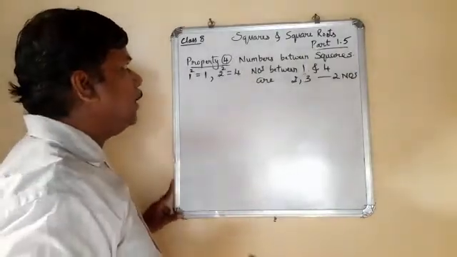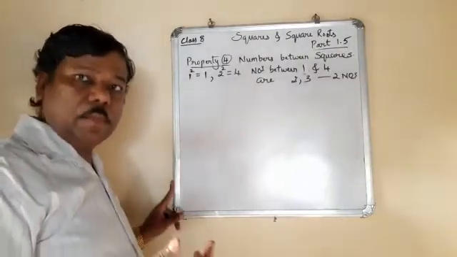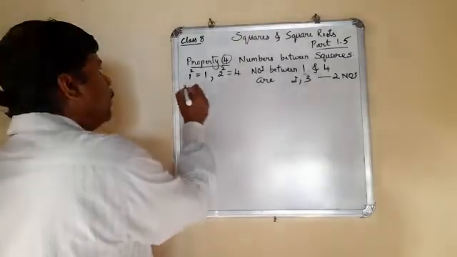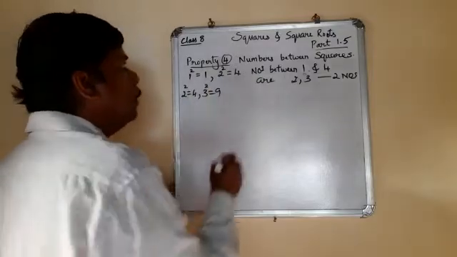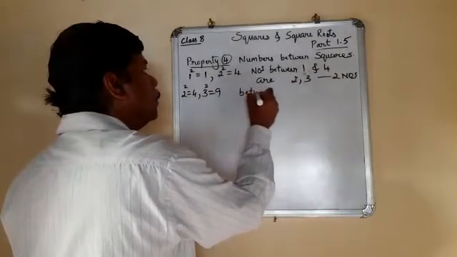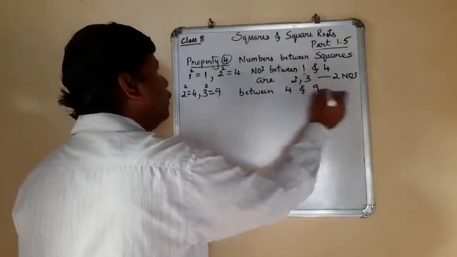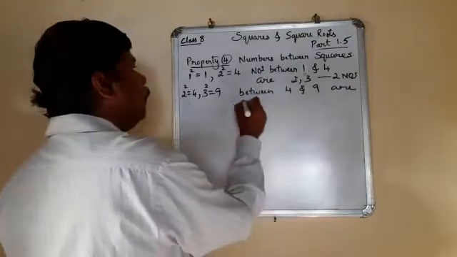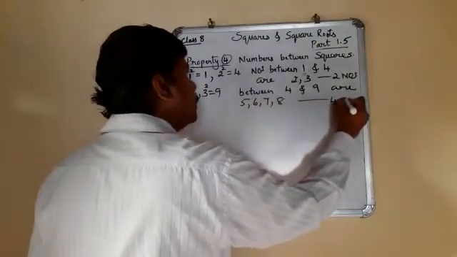Now let us consider the next one. That is between 2 square, that is 4, and 3 square, 9. So 2 square is equal to 4, 3 square is equal to 9. So numbers between 4 and 9 are 5, 6, 7, 8. So 4 numbers.